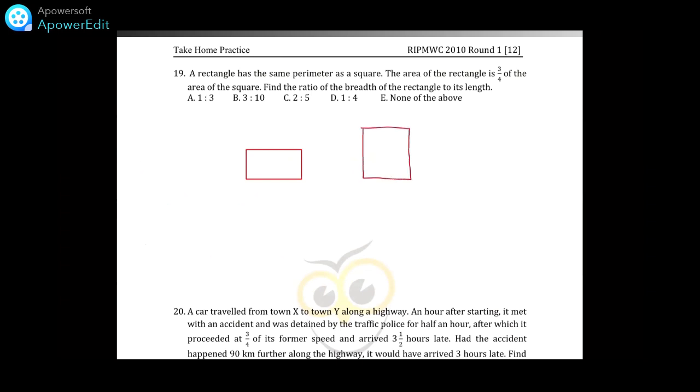Now, if the area ratio is 3 to 4, the numbers we can think of are 2 times 2, and the other one is 1 times 3. And you check if the perimeter is the same. The perimeter is 1 plus 3 times 2, which is 8.